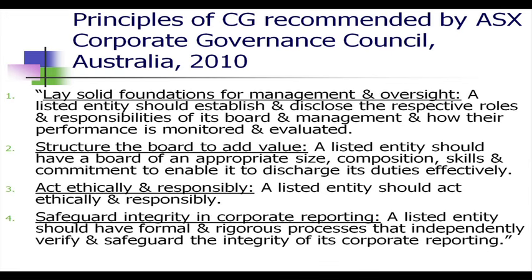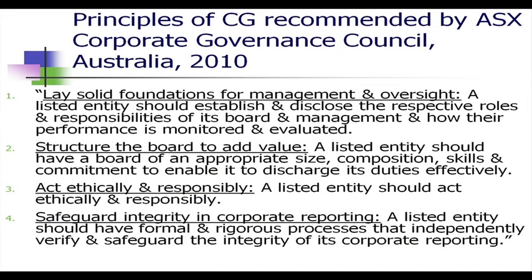Safeguard integrity in corporate reporting. One is doing things properly. So doing things properly is one. The second is reporting that you have done things properly. Many times the tendency is to do things in a haphazard manner, but make sure that the right things are written in the report. That is not the way to do it.